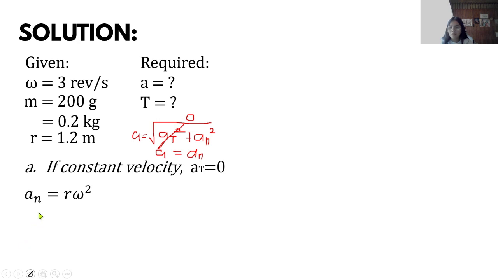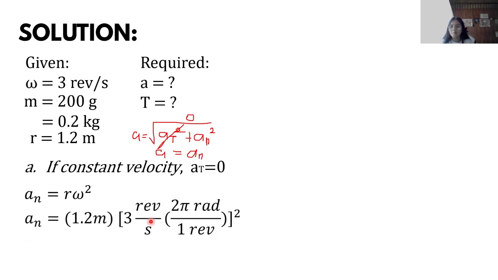Okay? So, proceed tayo. Ang R, 1.2 meters, given na yan. And then, yung omega, 3 revolution per second. Ko-convert natin into rad per second para ma-achieve natin yung linear unit natin na meter per second squared.